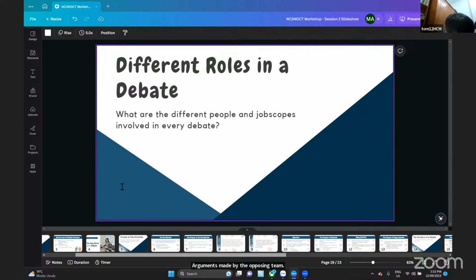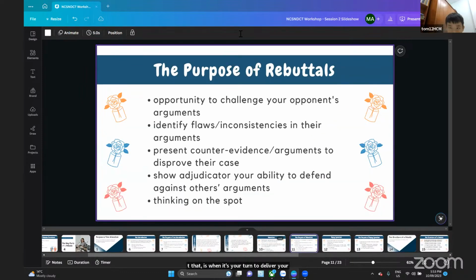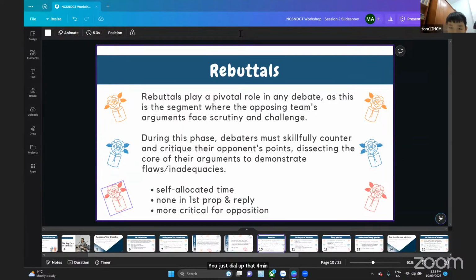The way that will work is that when it's your turn to deliver your argument, so when it's your 4 minutes to speak, you decide how much of that 4 minutes you're going to dedicate to rebutting arguments of your opposing team. A good strategy is that later on, the speakers want to be dedicating a little bit more time.